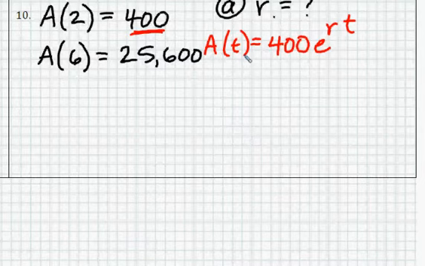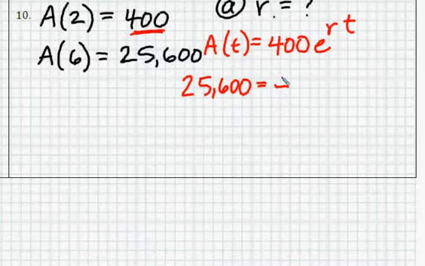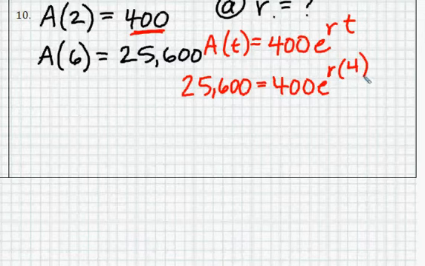I know that there were 25,600 pieces of bacteria 4 hours later. So what I'm going to do is put 25,600 in for A of T and then plug in 4 for my time to show that 4 hours after I had 400 pieces of bacteria, I then had 25,600.